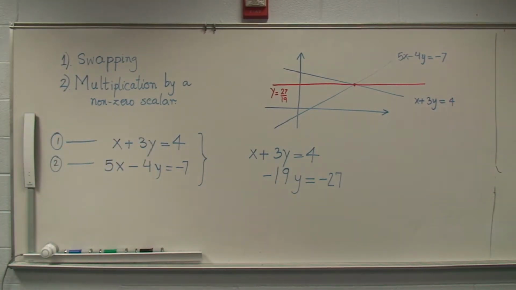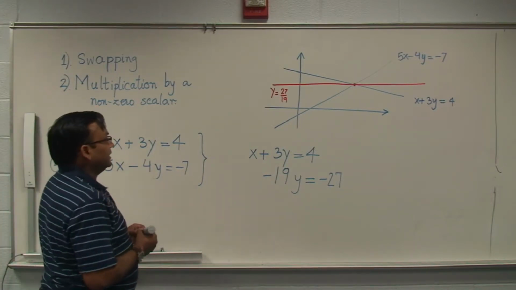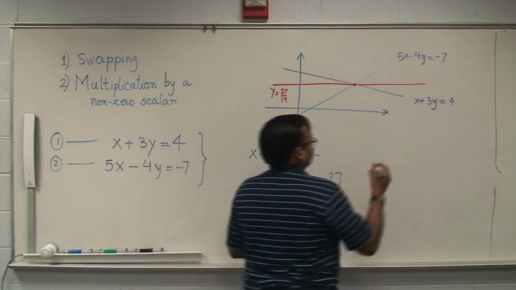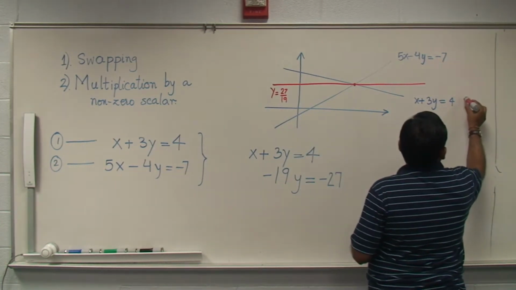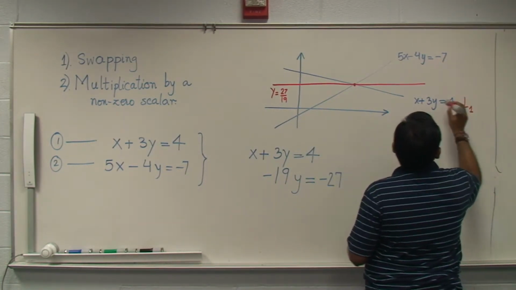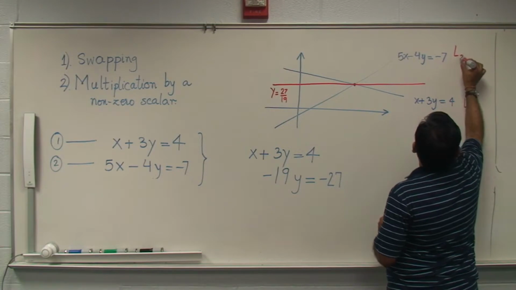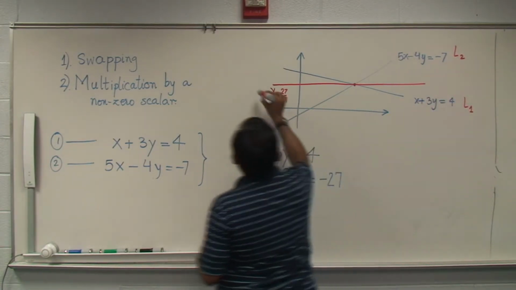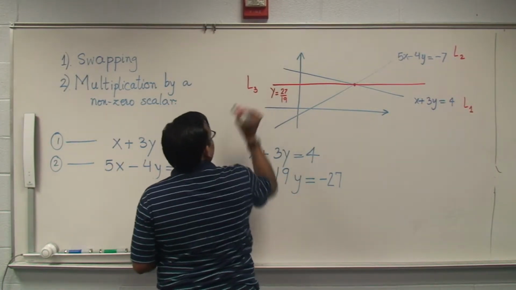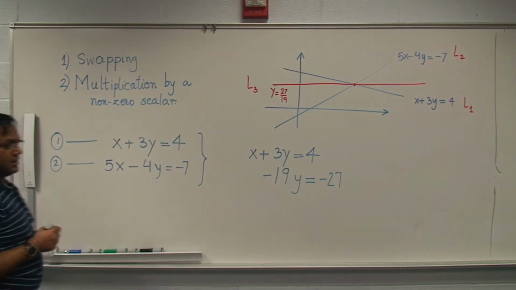But how do you convince somebody algebraically that such is the case? So let me do a simple thing. Let me give these lines some names. Let me call this line L1. Let me call this line L2. And let me call this horizontal line L3.